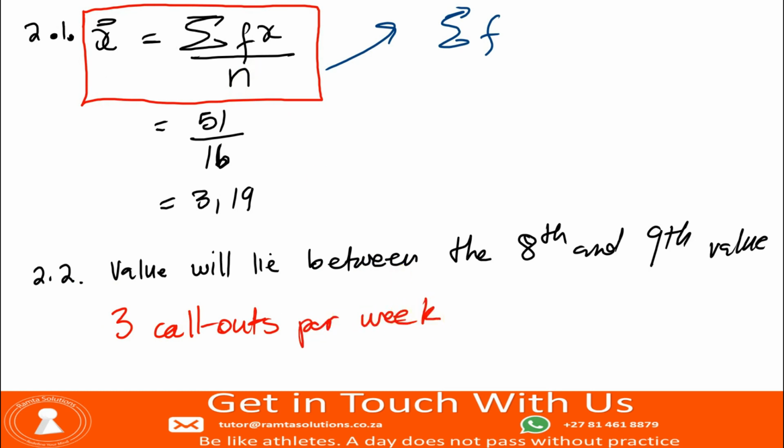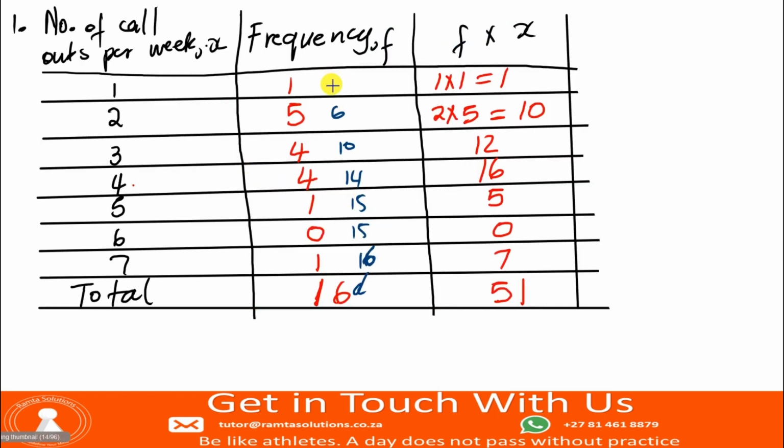That's your median. I repeat, you look at your data, you have 16 entries. Since you have 16 values, your median will lie between the 8th and the 9th. Now, the 8th and the 9th, as you can see, are on which callouts? On this category of 3 callouts per week.